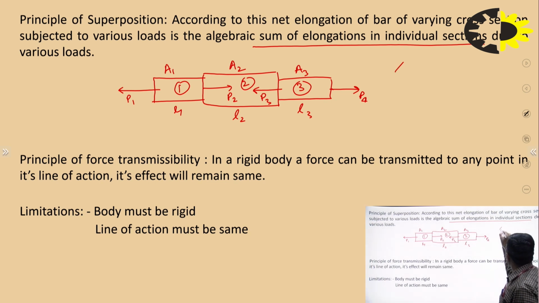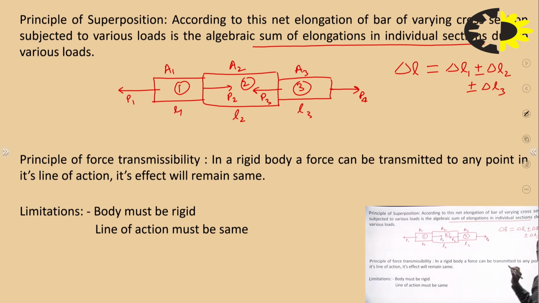So I will be writing delta L, the net elongation in the entire bar L1 plus L2 plus L3, equal to delta L1 plus minus delta L2 plus minus delta L3. Why am I using plus minus? Because sometimes there may be contraction in some part of the bar. So the principle of superposition you have to write in this manner.